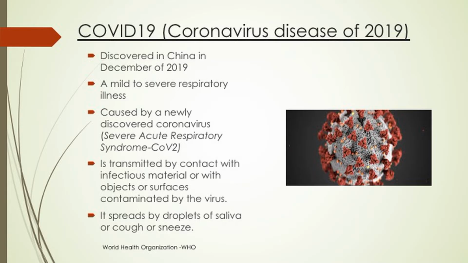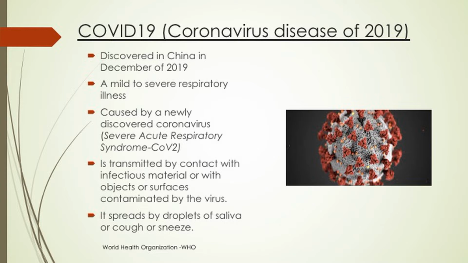So first of all, I'm not sure if you all are aware, but this disease started in China back in December of 2019. It's a mild to severe respiratory illness caused by this newly discovered coronavirus.